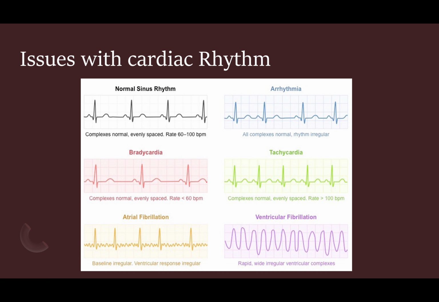You have atrial fibrillation when the baseline is irregular. Notice how the baseline is completely irregular in fibrillation. And ventricular fibrillation. For these we use a defibrillator, the shocking instrument that you see in Grey's Anatomy and House and everything. That's what they use to fix those things. Bradycardia and tachycardia can be resolved using different types of drugs and instruments in order to handle the heart rate.